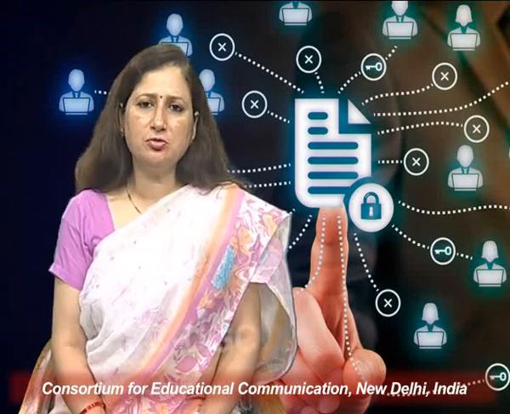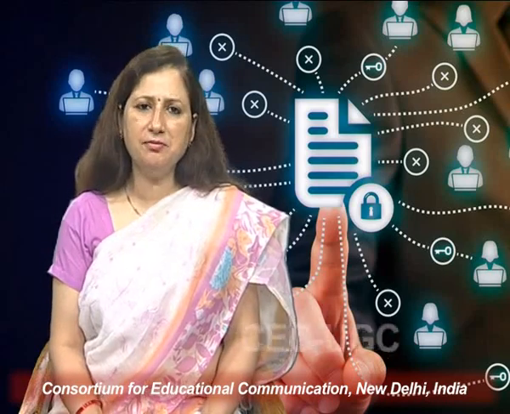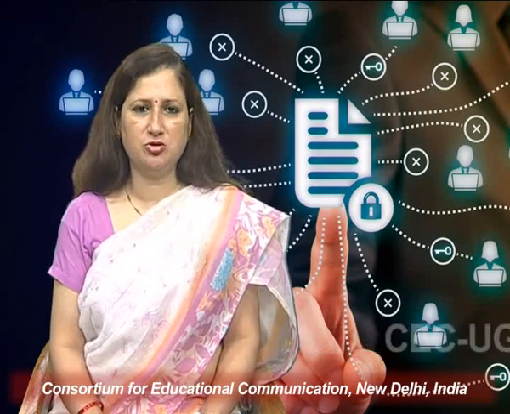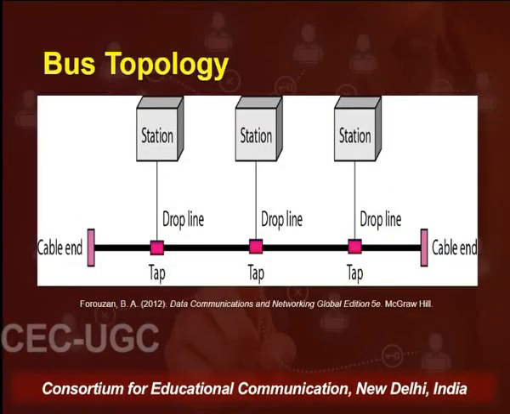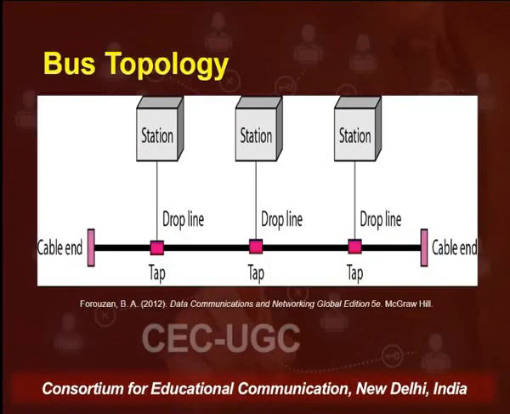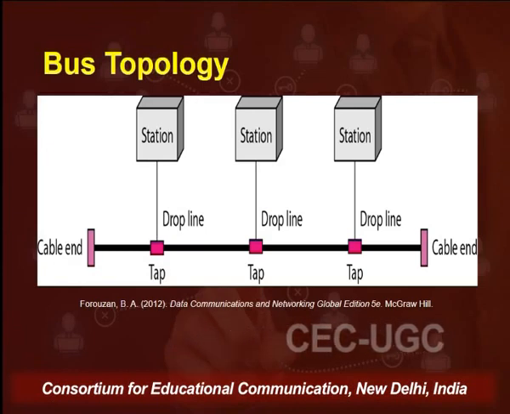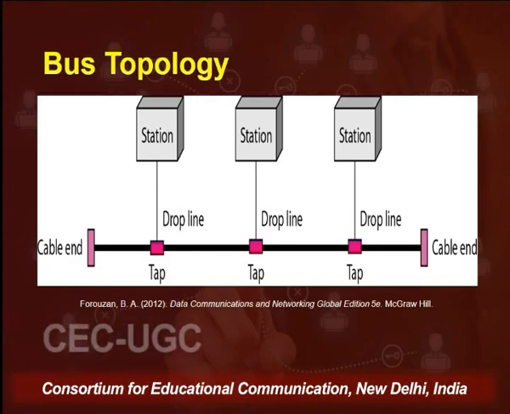So, the next topology which we see, which is a simpler topology, is the bus topology. In the bus topology we have a single main line, which we call the main channel, and all the devices are connected to this main line through the drop lines and through the tap.